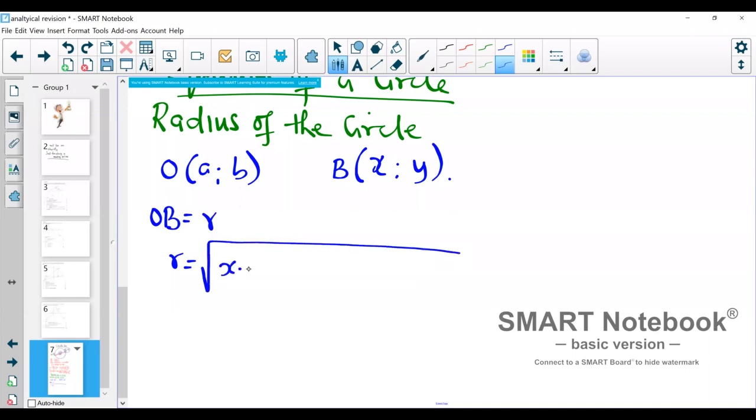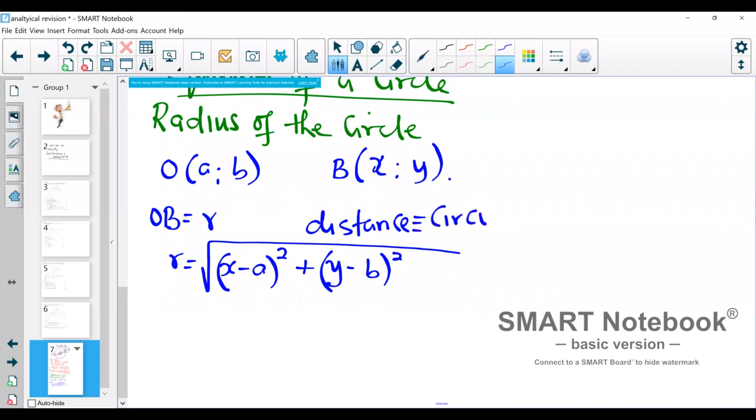x minus a squared. You remember the distance formula, right? Plus y minus b squared. We are using distance, and the word distance is actually synonymous to the word circumference. Or we can say the length of the circle.